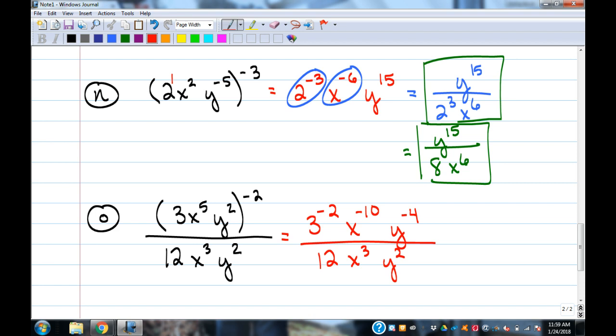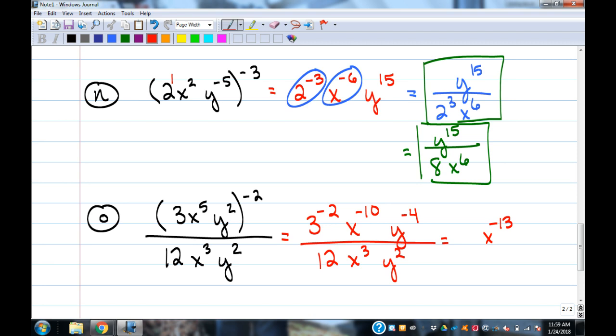All right. So subtract negative 10 minus 3. Negative 10 minus 3 would be negative 13. And then remember, when you do that subtraction rule, your answer goes to the numerator every time.